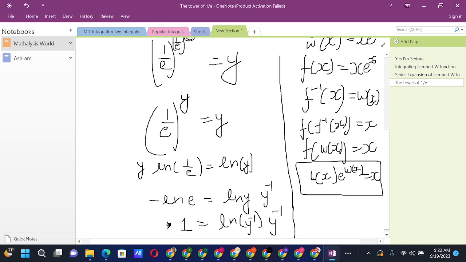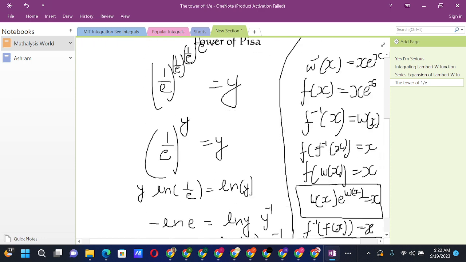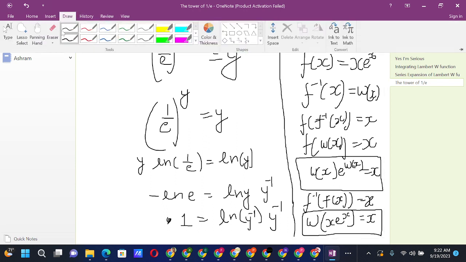Just like this, we also have f inverse of f of x as x, and we know that f inverse is actually Lambert for this purpose, and Lambert function of x e to the power x is also x. So this property will be helpful in the upcoming steps about the Lambert function. Hope you got some ideas about the Lambert function, and let's proceed.